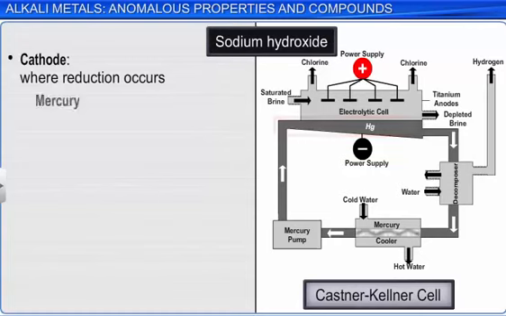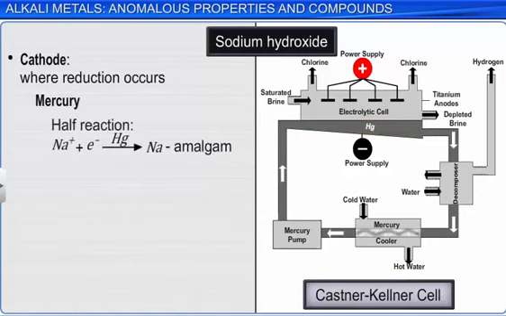In the reduction half reaction, sodium ions combine with an electron to form a sodium-mercury amalgam. Oxidation occurs at the anode in an electrochemical cell. In the Kastner-Keller cell, a rod of graphite, a form of carbon, is used as the anode.